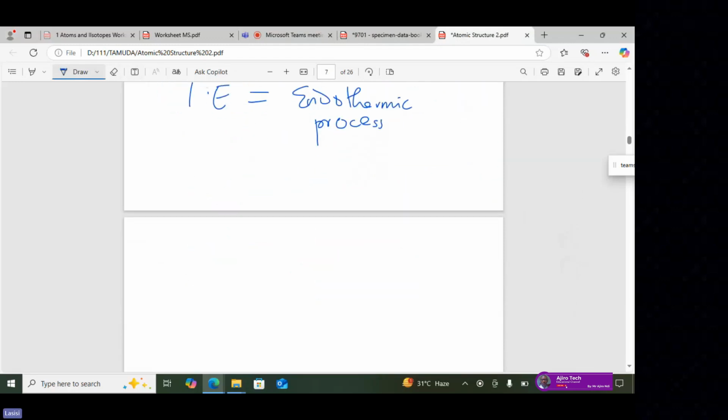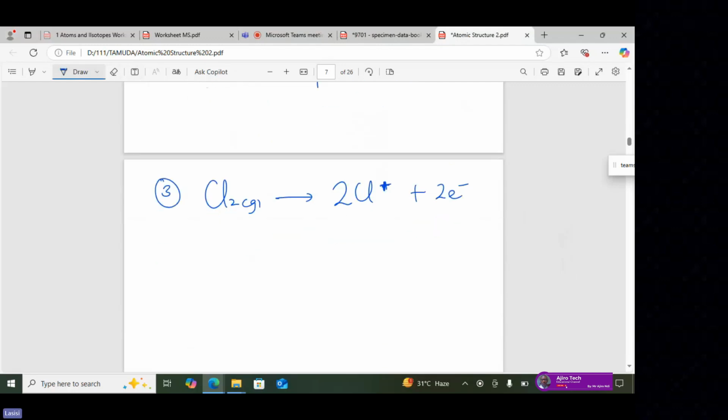Now look at this: Cl2 to become 2Cl+ plus 2e-. How do we do this? Step 1, they first break chlorine into 2 chlorine atoms. Step 2, they convert the 2 chlorine atoms to 2 chlorine ions plus 2 electrons. First break the molecule, then convert the atoms to ions.